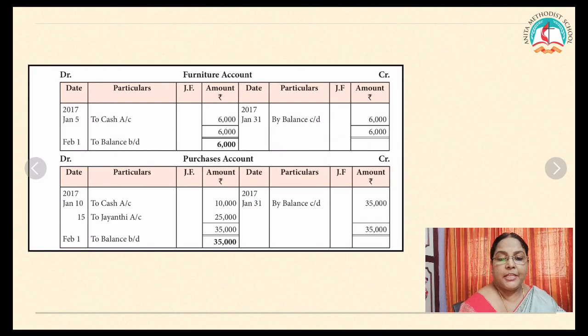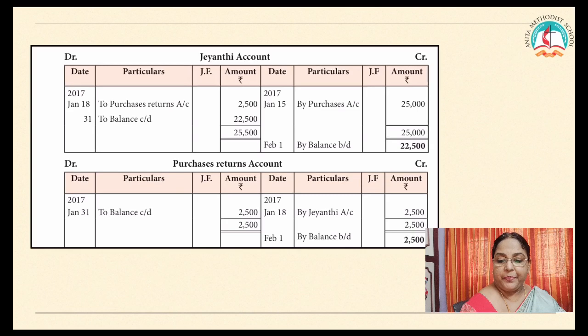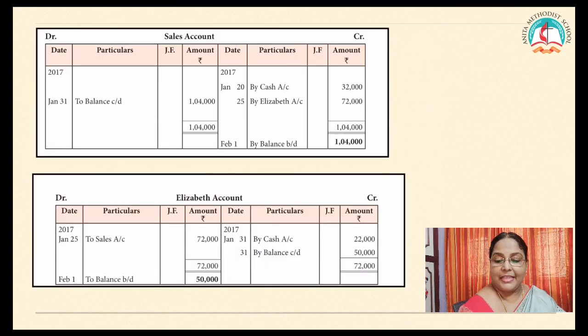Now see the furniture account. 6,000 on the debit side, and for the purchases account 35,000 on the debit side. What is the next account? Jayanti account. Where is the balance brought down? 22,500 on the credit side, and for purchase returns 2,500 on the credit side.